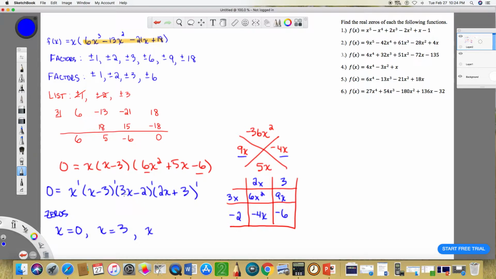Here, it takes 2 steps: add 2, and then divide by 3. Of course, I'm setting that factor equal to 0 and then solving it. And then here, negative 3/2.